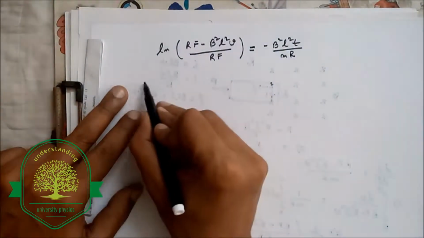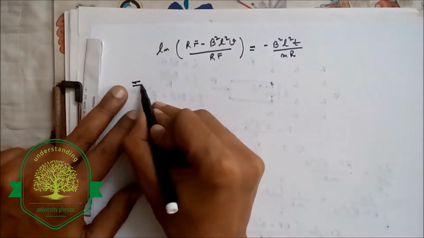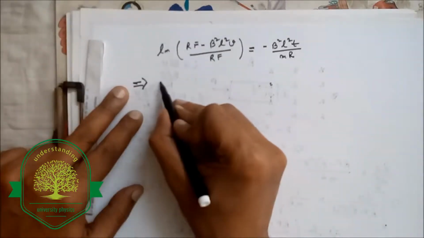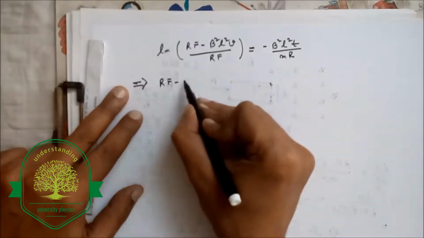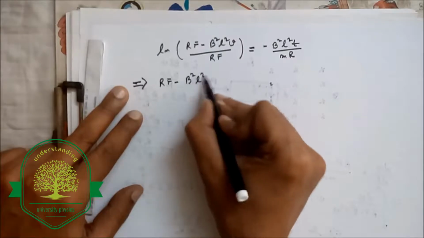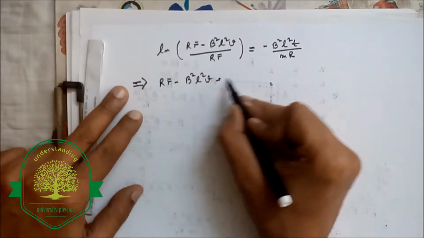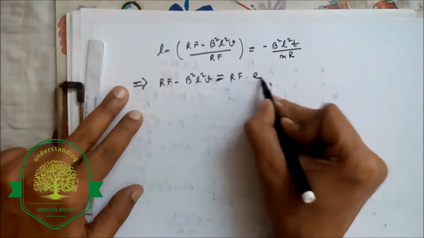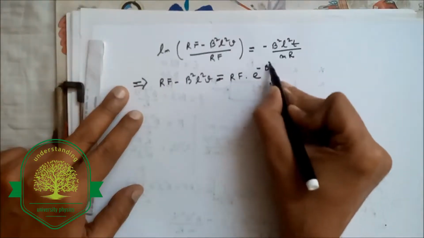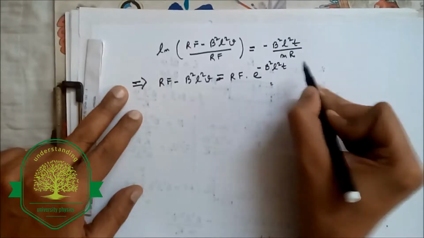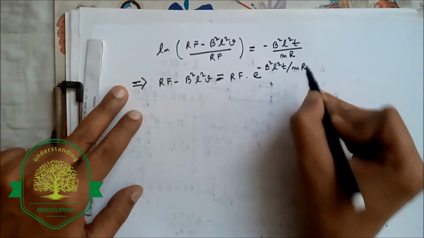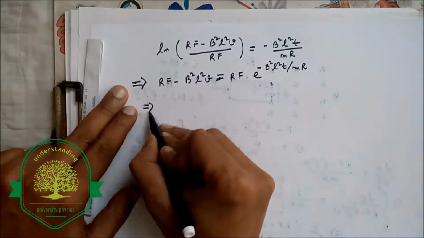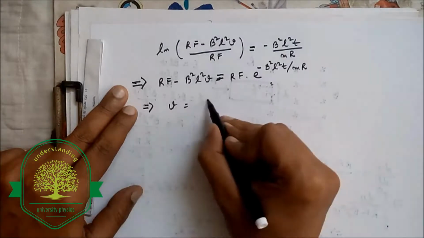So if I exponentiate both sides to get rid of the logarithm, I'll get Rf minus b square L square v equals Rf times e to the power of minus b square L square t over mr, which will give us v equals Rf.